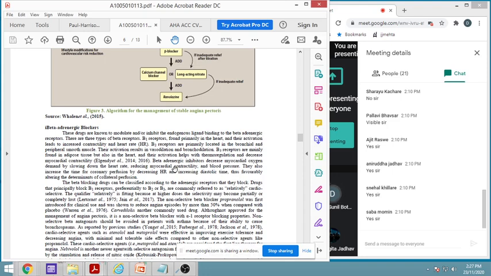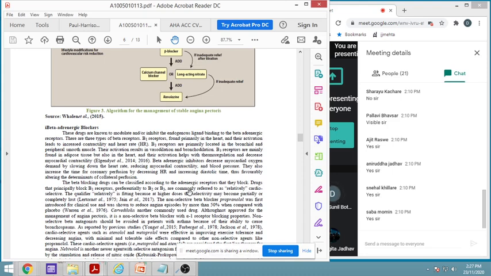They act on the beta 1 receptor, which is known for its important role in beta 1 mediated sympathomimetic activity, so that there is an increase in the force of contraction and an increase in the rate of heart firing. So these are the various reactions, and we know how we have classified beta blockers.